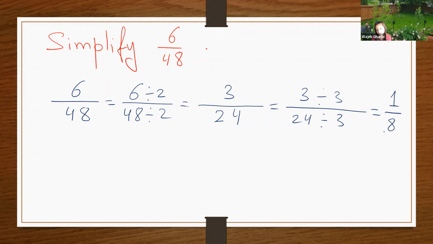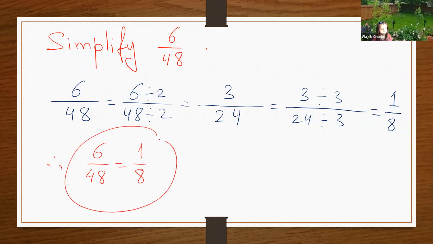Therefore, we simplified 6 over 48, and finally we got 1 over 8. This is what simplification means.